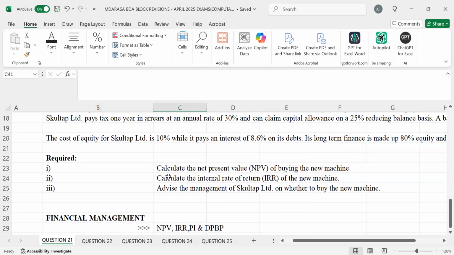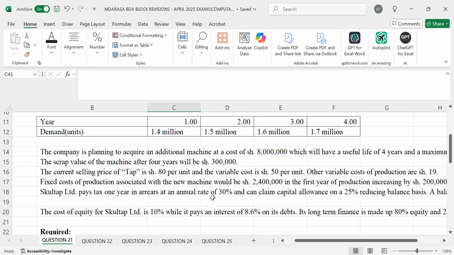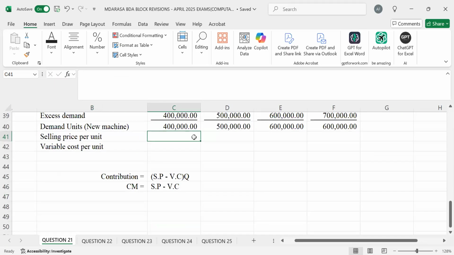As per our question, the selling price per unit is 80.